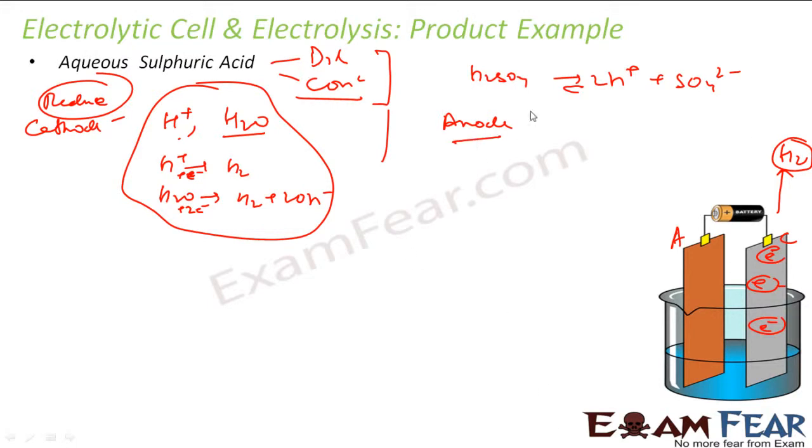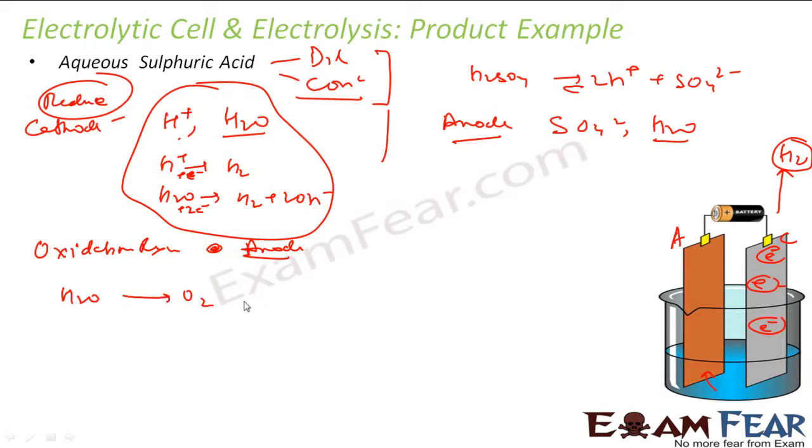At the anode, the candidates for oxidation are either the SO4 2 minus ion or water. Let's see the oxidation reactions at the anode, both possibilities. Let's see for water. I oxidize water, it becomes oxygen and gives me some H plus and 4 electrons. It will be 2 to balance.